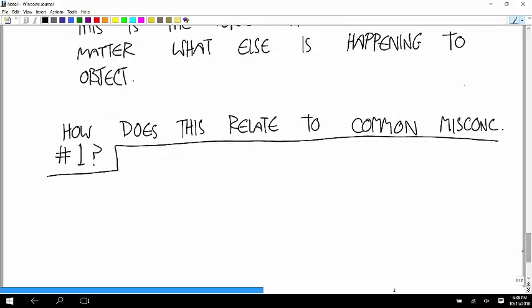Okay, so what is common misconception number 1? That's right. So I think the wording I used was something like gravity makes a larger mass accelerate faster. And it turned out that no, gravity doesn't do that. When that does happen, it's just because air resistance slows down the less massive thing more than the more massive thing.